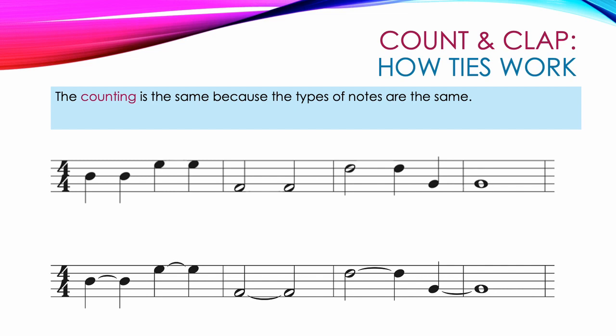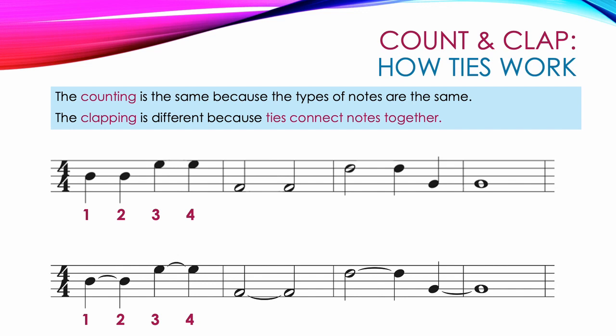Let's take a look at the first measure. The first measure of the top example has 4 quarter notes. Each one gets its own count. 1, 2, 3, 4. The bottom example has the exact same 4 quarter notes, so it gets the same counting. 1, 2, 3, 4.